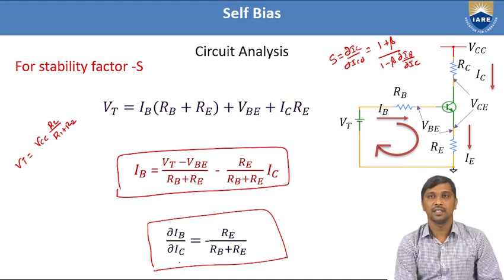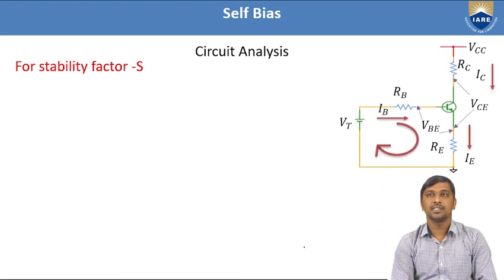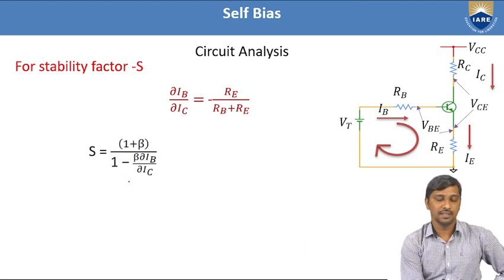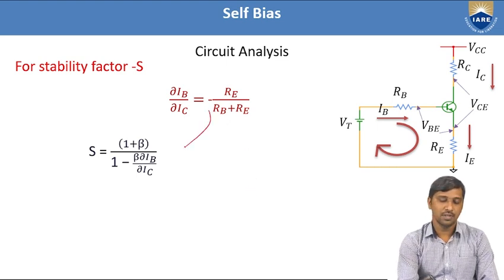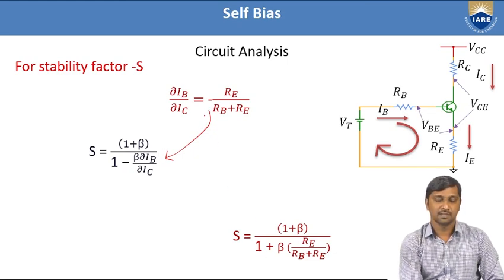Now we substitute this value in the stability factor, which is S equal to 1 plus beta by 1 minus beta times ∂IB/∂IC. Substituting, S is equal to 1 plus beta by 1 plus beta times RE by RB plus RE, since minus of minus becomes plus.